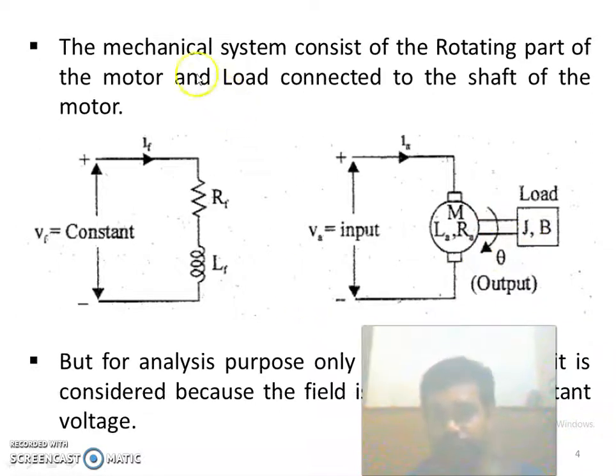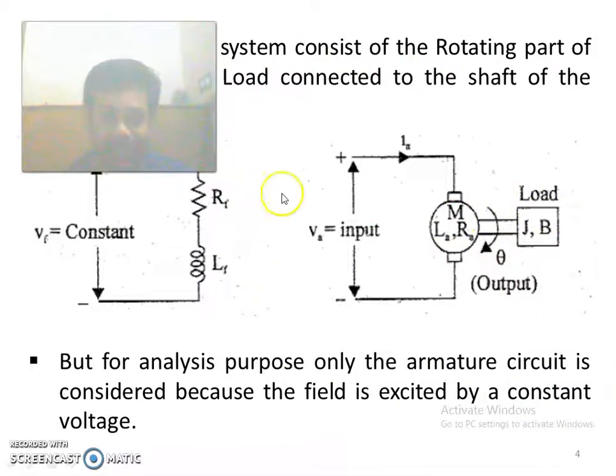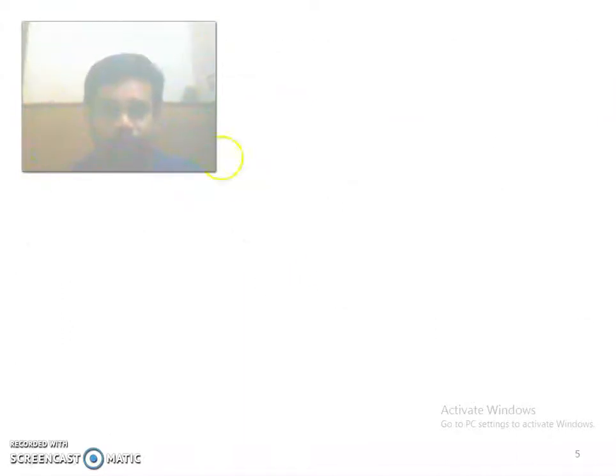The mechanical system consists of the rotating part of the motor and the load connected to the shaft of the motor. Since this is an armature controlled DC motor, for analysis we take only the armature circuit, and the field circuit is neglected.